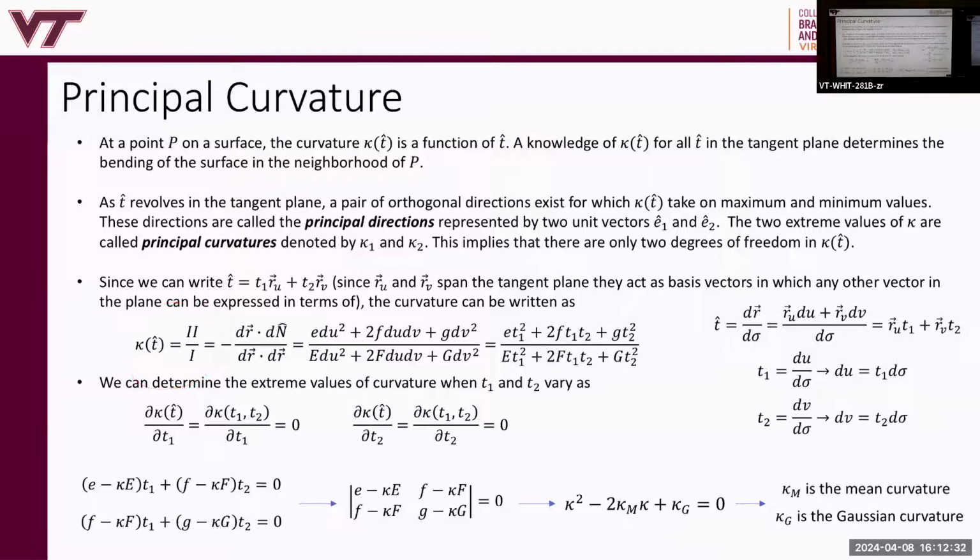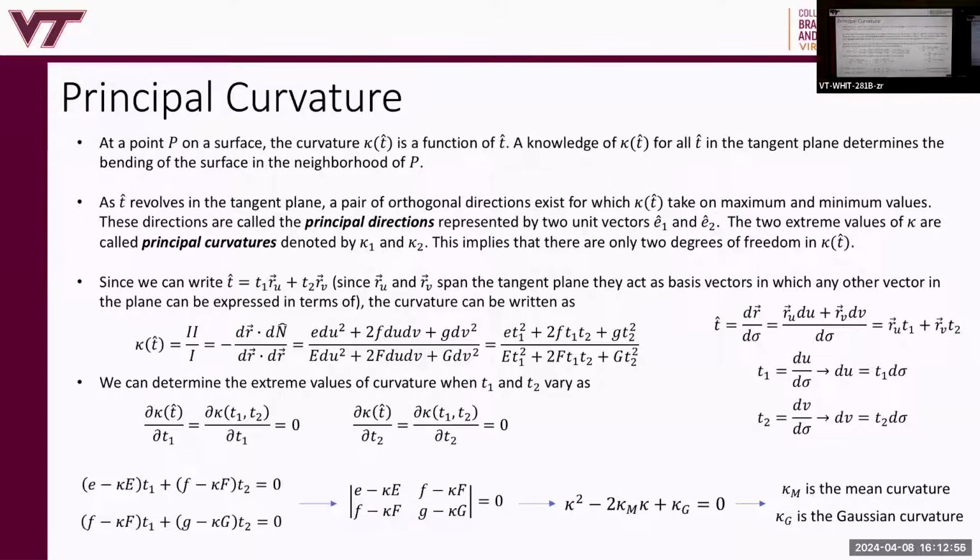We know the second fundamental form is negative dr dotted with dn, and the first is dr dotted with dr, right? Those are the definitions of the first and second fundamental forms, okay? And we derived what the dr dotted with dn was. This is the second fundamental form, and this is the first fundamental form. So it's a ratio of quadratic forms.